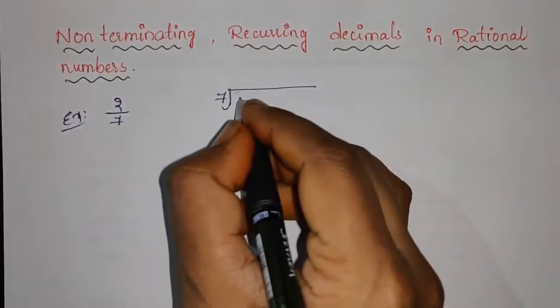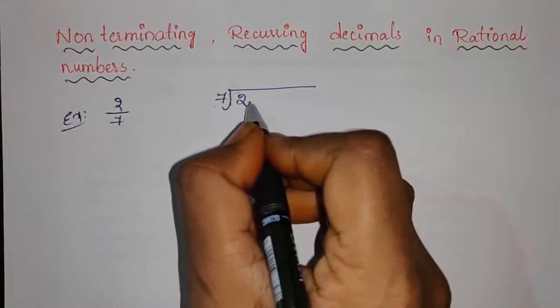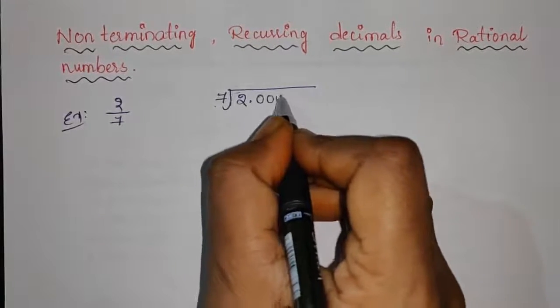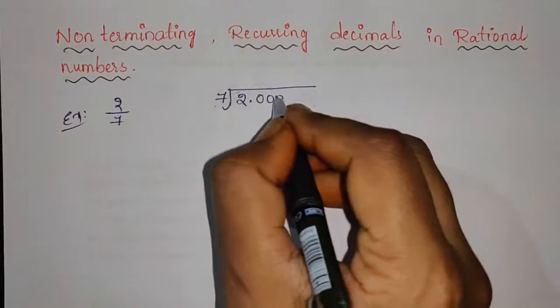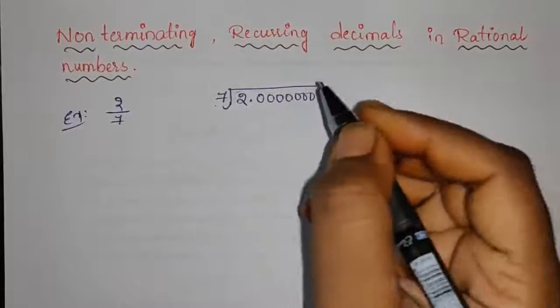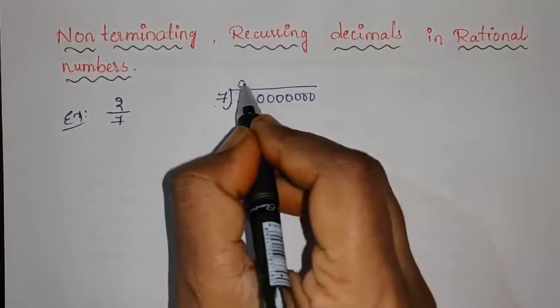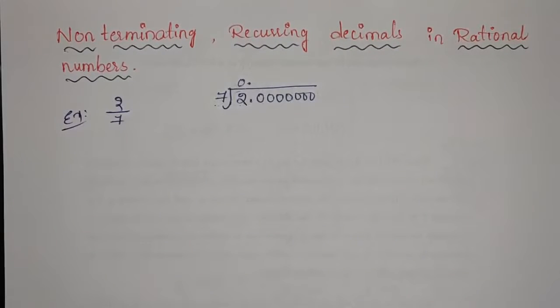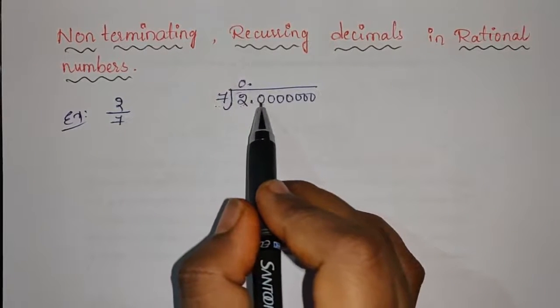Divide by 7. Here it is 2. 2 is not divisible by 7, so I am taking 0.000. You can take other zeros afterwards or else some more. Now it is 20. When you take 0 point here, here also you have to take it in the quotient, 0 point something. Now here we can take the 20 together.